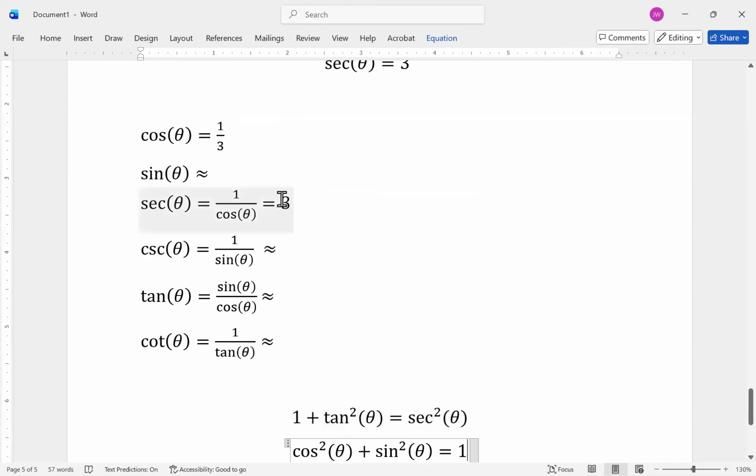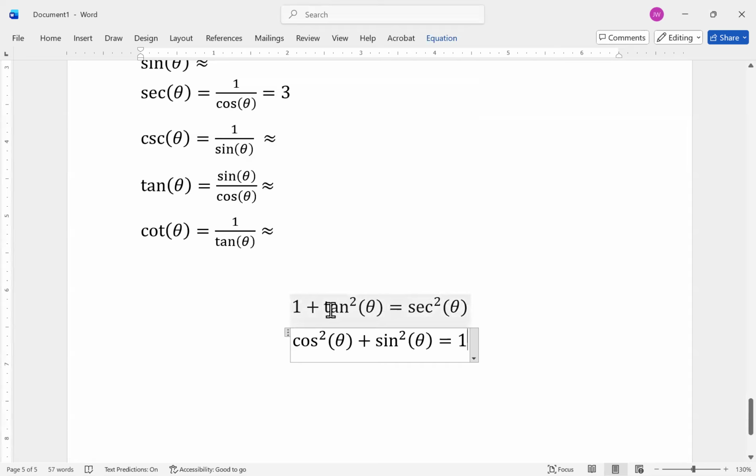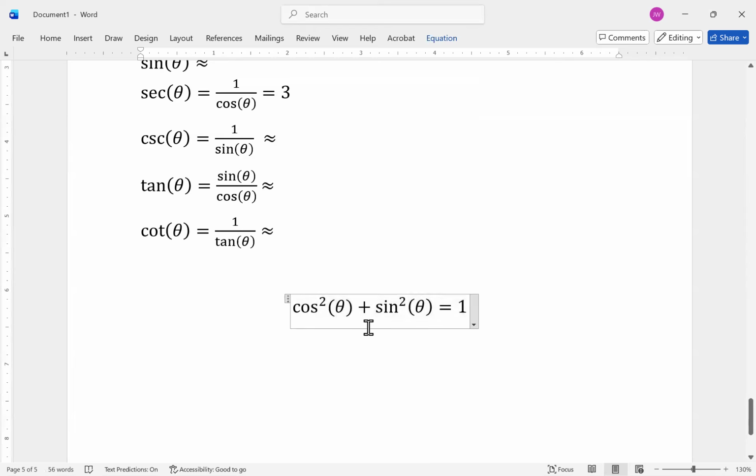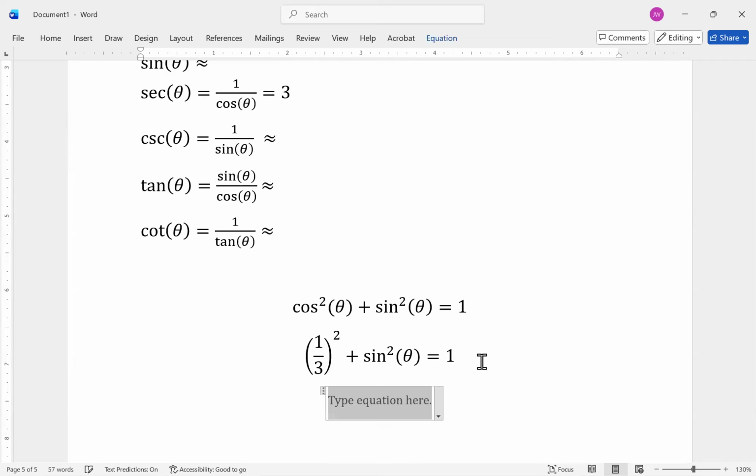Now that we have secant, we have cosine, it really doesn't matter which one we use. Because it's easier for me to calculate with cosine and sine, I'll use the fact that cosine is 1/3. So we have 1/3 squared plus sine squared of theta is equal to 1. 1/3 squared is 1/9.